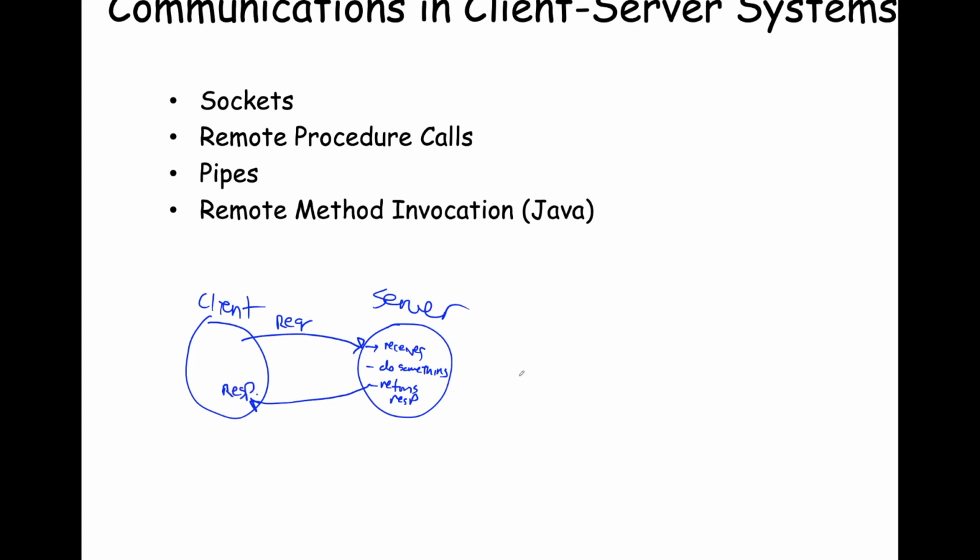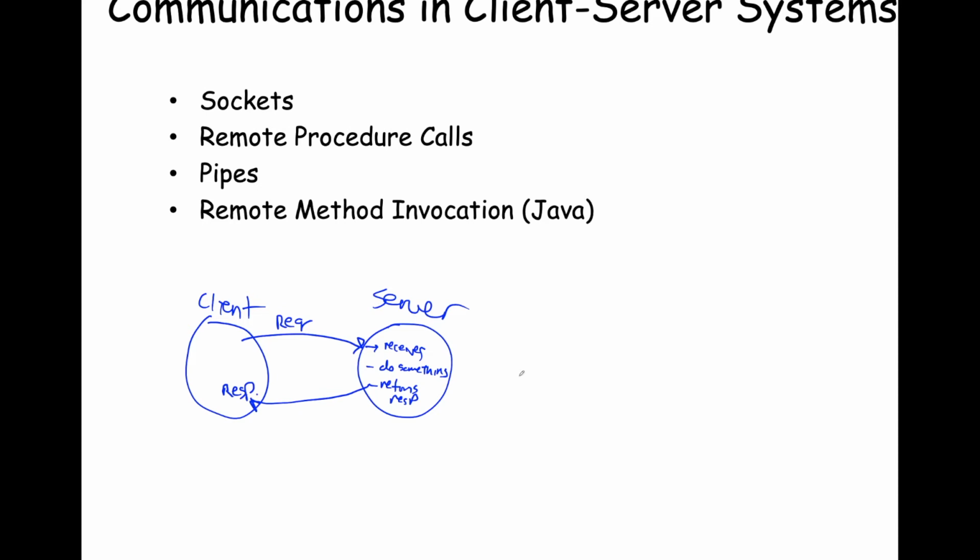Okay, and so there are different ways of doing communication when you structure your interaction between two cooperating processes in the form of this client-server approach. There are sockets, which is a software mechanism used to represent this channel of communication between the client and the server.